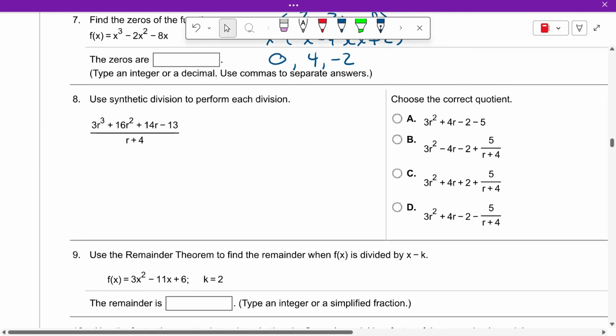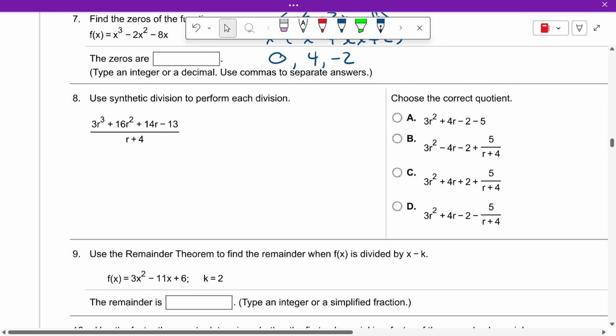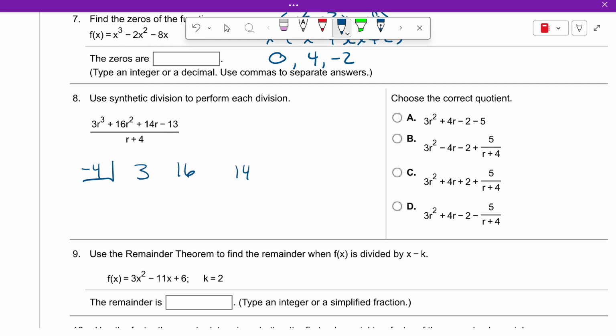Synthetic division, the nice thing that we have is we have the answers. It's multiple choice. So -4, 3, 16, 14, -13. -4 times 3 is -12. Add to get 4. You get -16. Add to get -2.